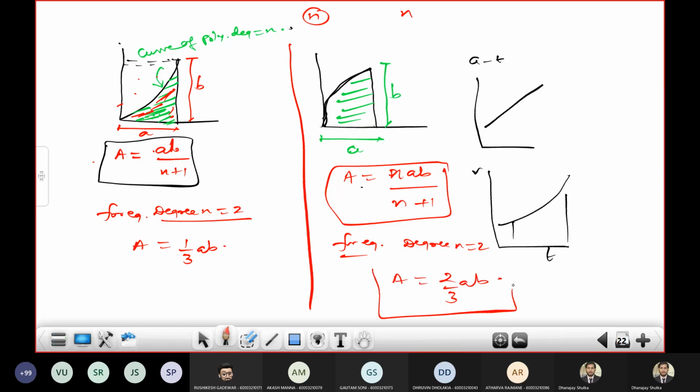Are you getting me? So if you have a convex upward type of parabola, you can write this to find the area, and if you have convex downward, you can apply this formula. Is it clear?